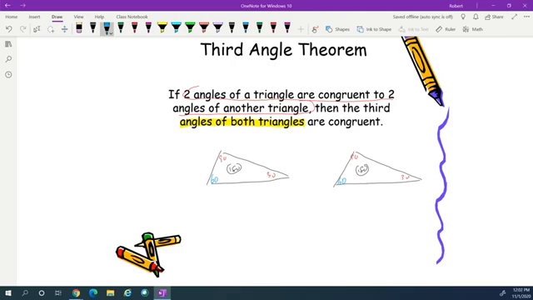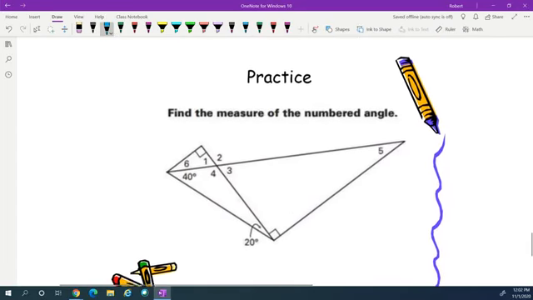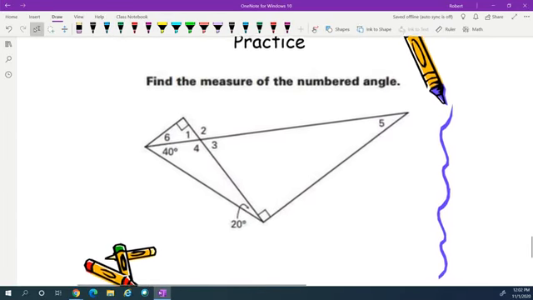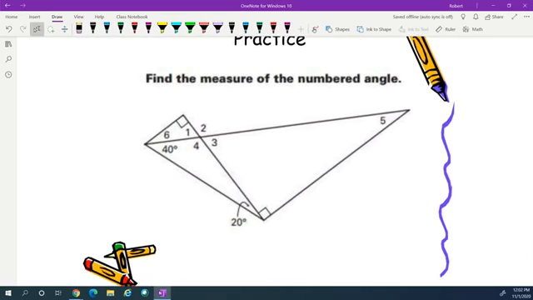So let's put everything that we just did into a practice problem. And all we're asked to do here is find all of our missing angles. Angle 1, angle 2, 3, 4, 5, and 6. Now, if you look at the picture, there's a bunch of triangles.